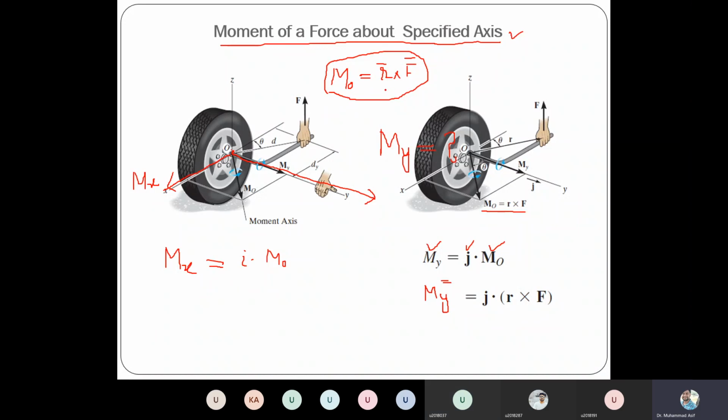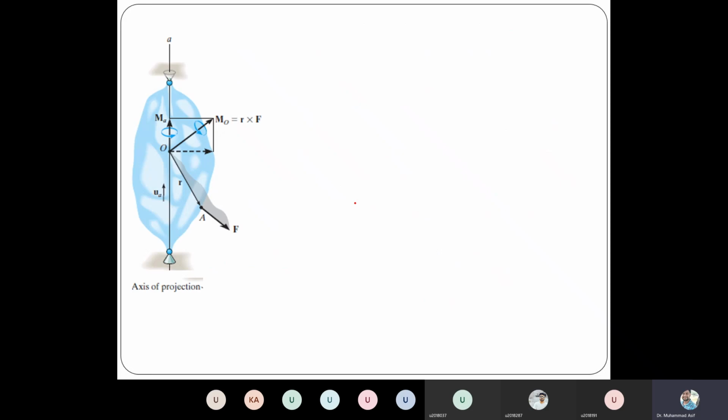So basically, in short, we can say if we know the moment about a fixed point, let's say O, then further we can figure out the moment about any axis, whether that axis is x-axis, y-axis, or any axis which is even not perpendicular, since x and y in this case are perpendicular, but that could be any axis.